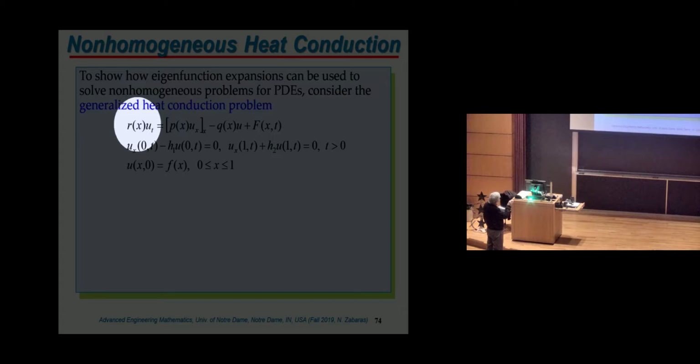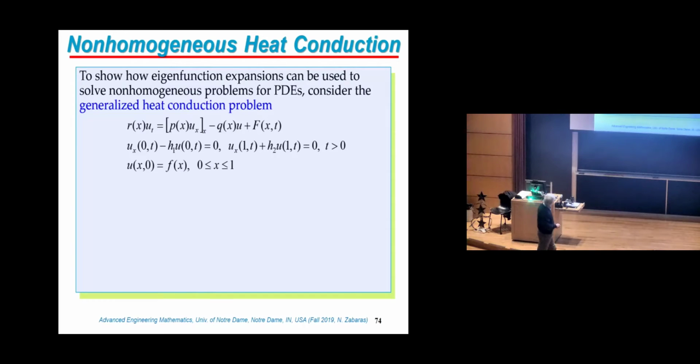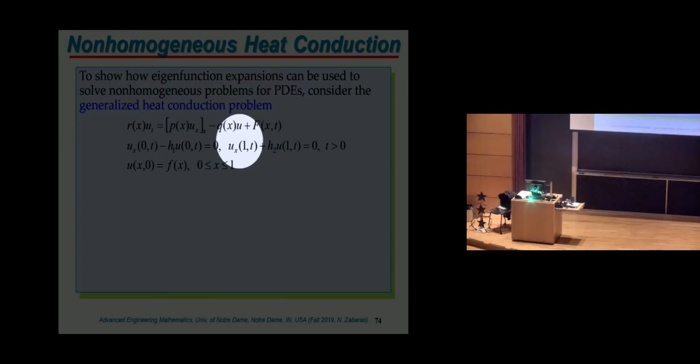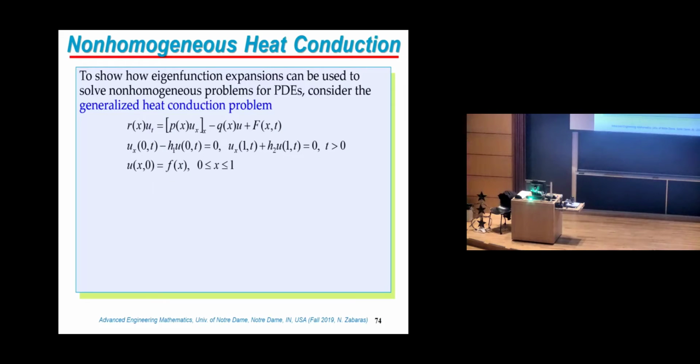This you can think of as density times specific heat. And we have some generalized boundary conditions that involve both derivatives and U, like expressing the flux in terms of temperature and maybe some ambient temperature that I got rid of by putting a 0. And f of x is the initial temperature.